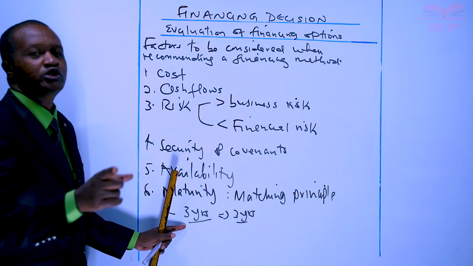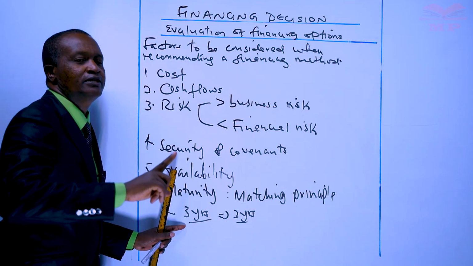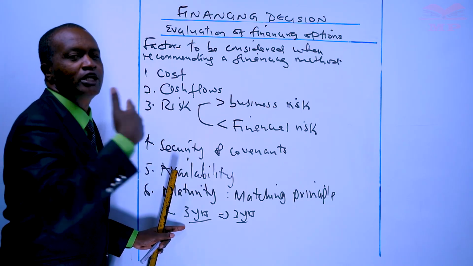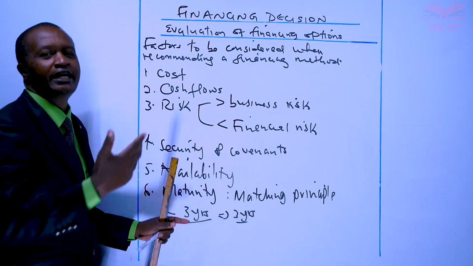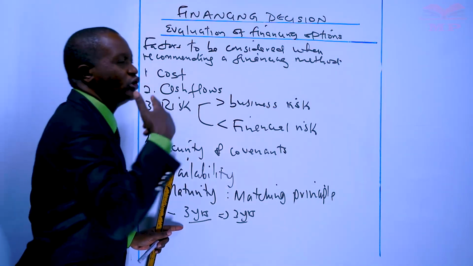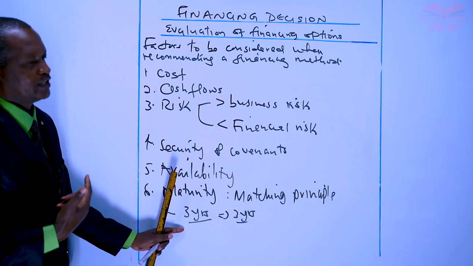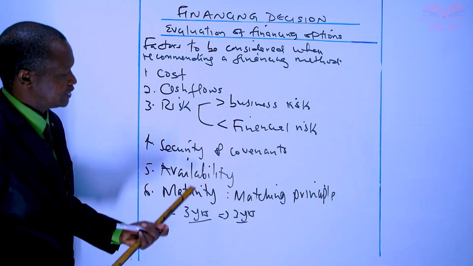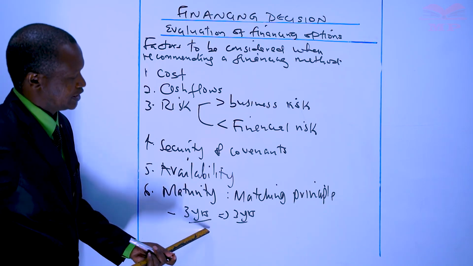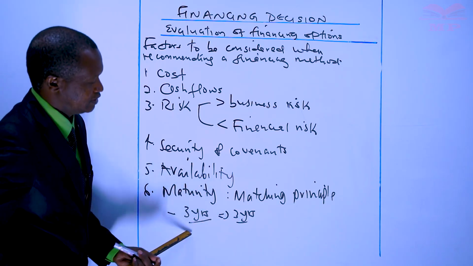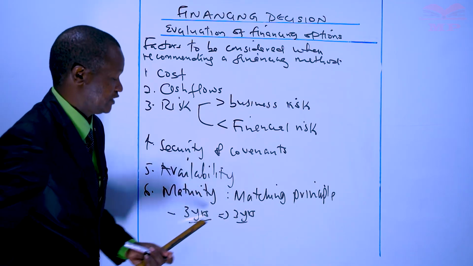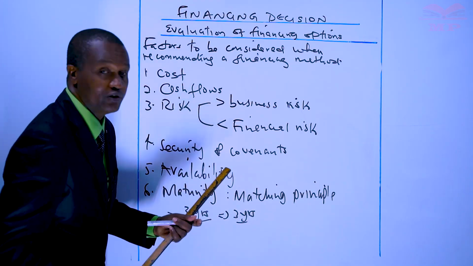If the project is short-term, but other short-term opportunities are expected to arise in future, then it's important to use the long-term source of finance. It could be 3 years, but there are other needs that ought to be met in 3 years. So in such a case, it's supposed to be at least more than 3 years, say 5 years, because of the competing need for capital.